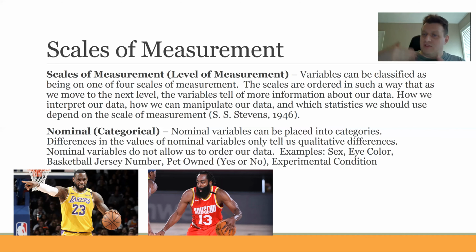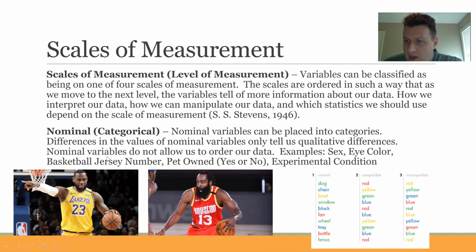This person is different than this other person. It doesn't have anything to do with basketball skill or anything else. Nominal variables tell you category distinctions, but they don't tell you rankings in any way. Nominal variables give you the least amount of information for a variable. It's the scale of measurement that gives us the least amount of information.